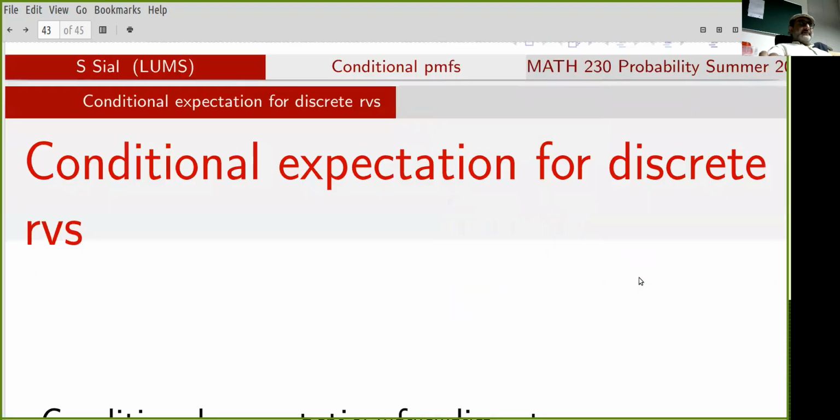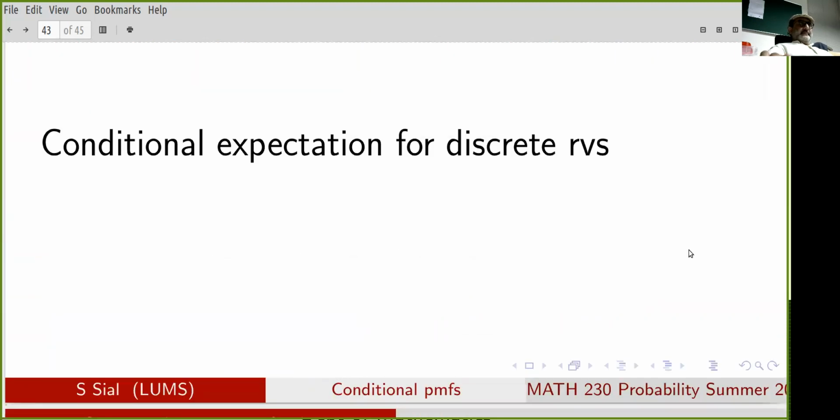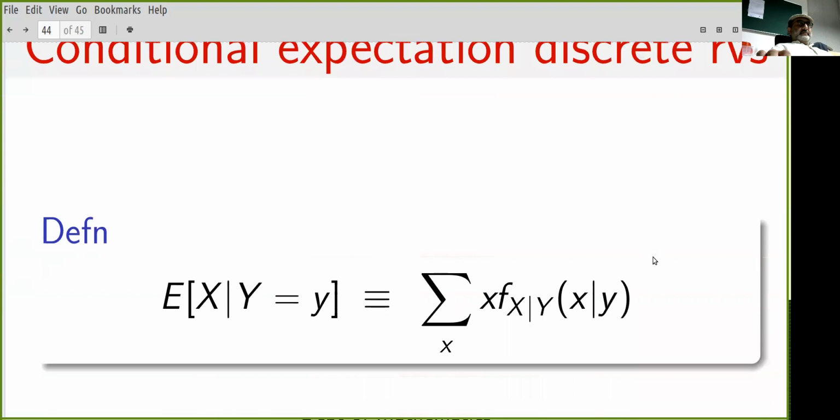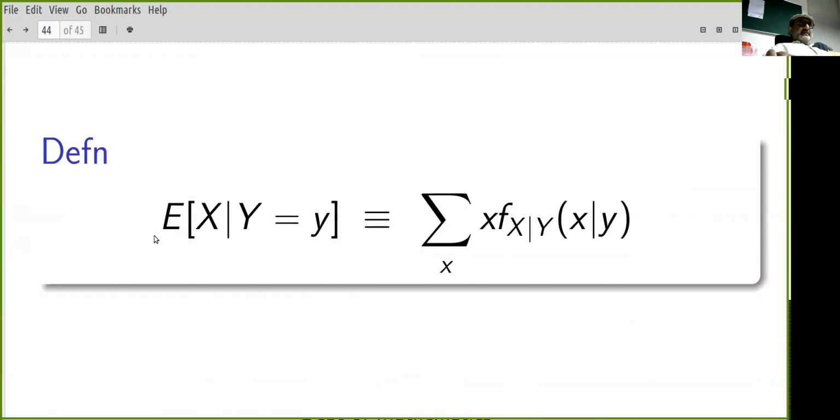Okay, now we have an idea of conditional expectation. So you can have the expectation of x, or you can have a conditional expectation. What's the expected value for x given that y is some fixed value?